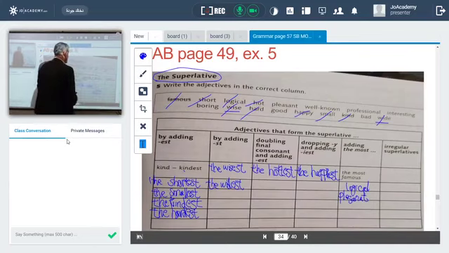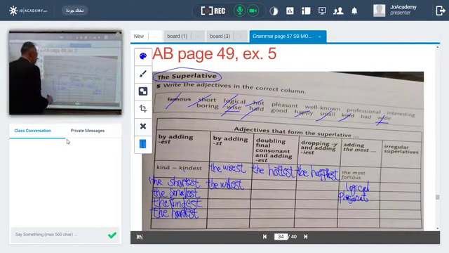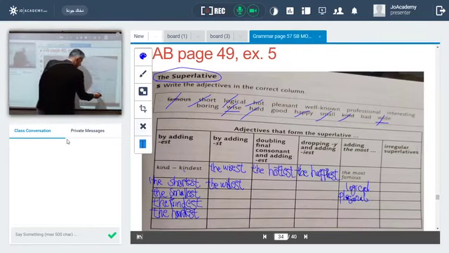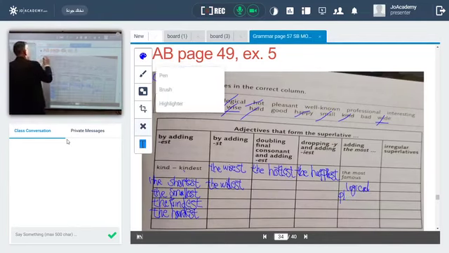Okay, the most pleasant. Because it's not clear, I have to rewrite it.